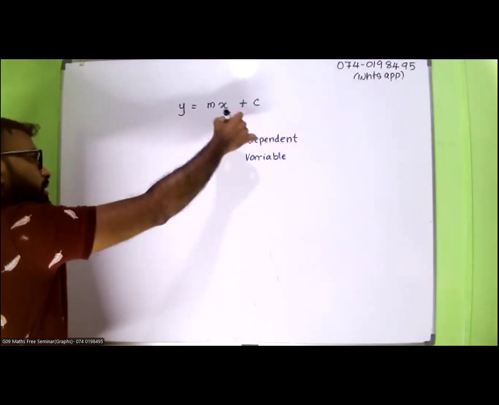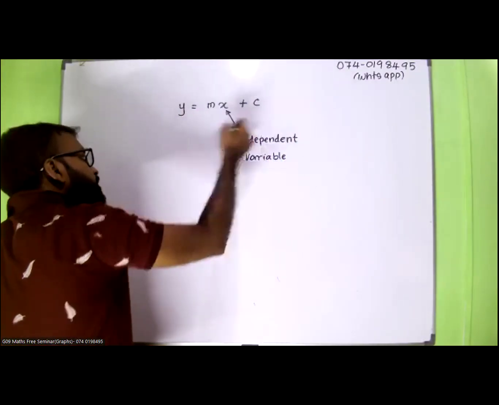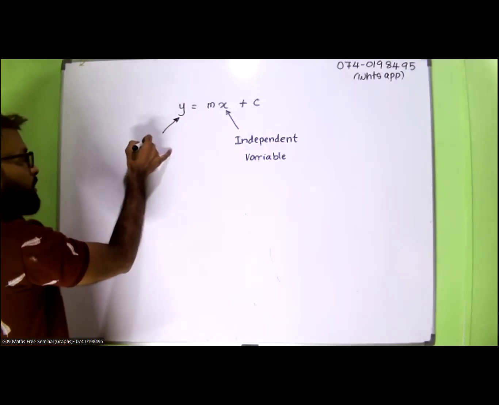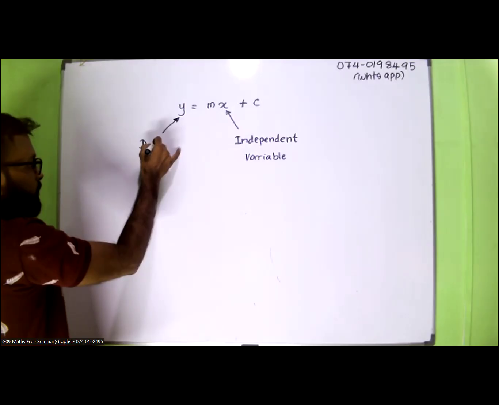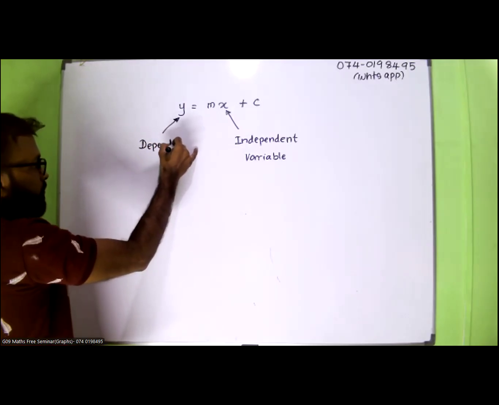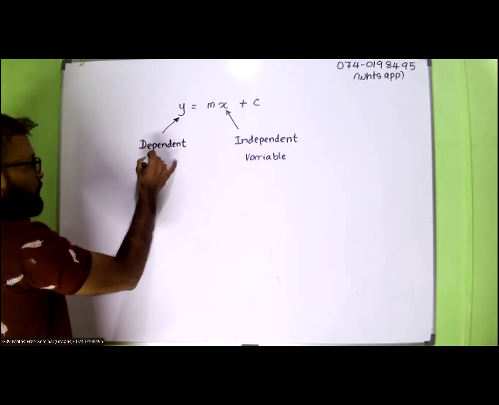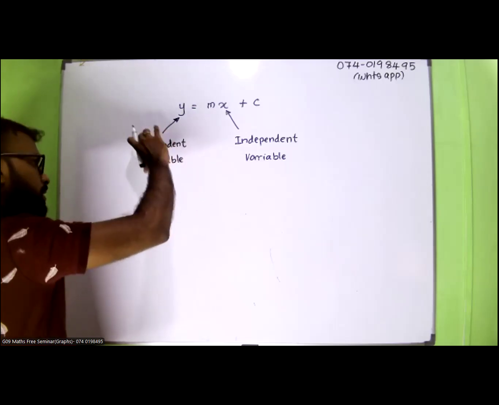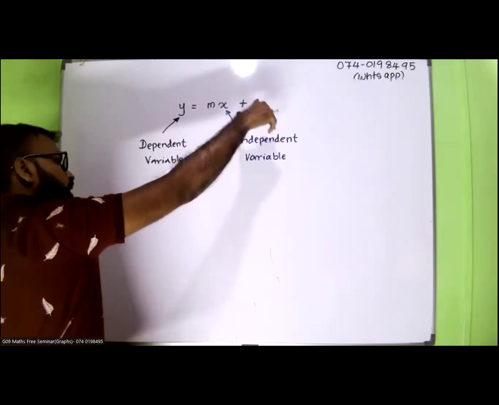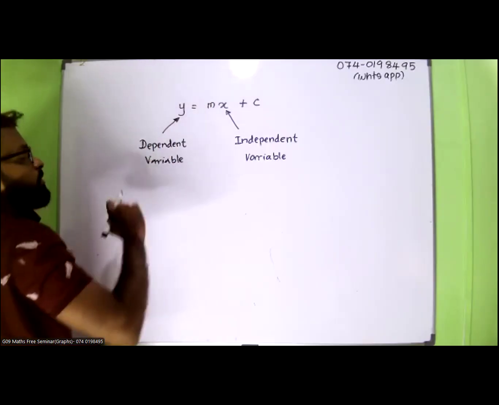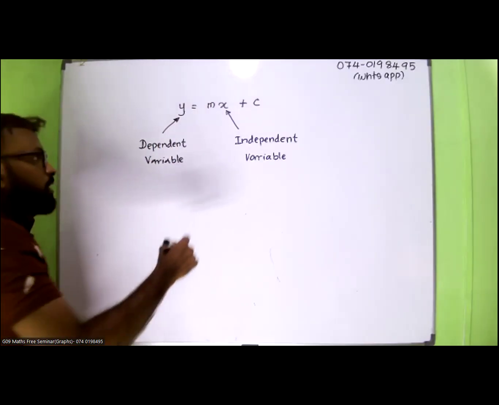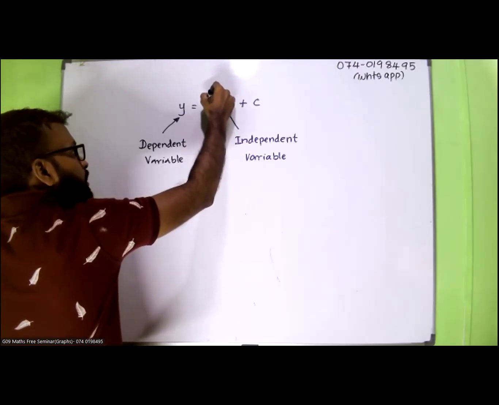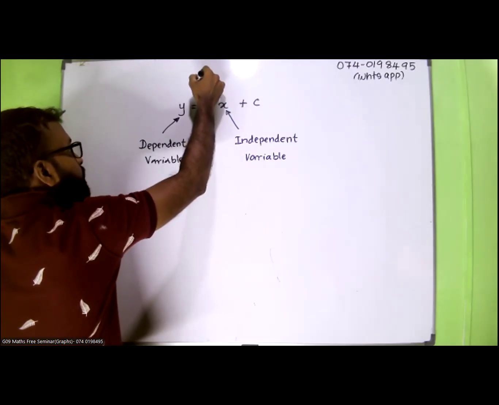If you have an independent variable, you need to have a dependent variable as well. So this y is your dependent variable, dependent upon x. Then what is this m? You already know that this is the gradient.